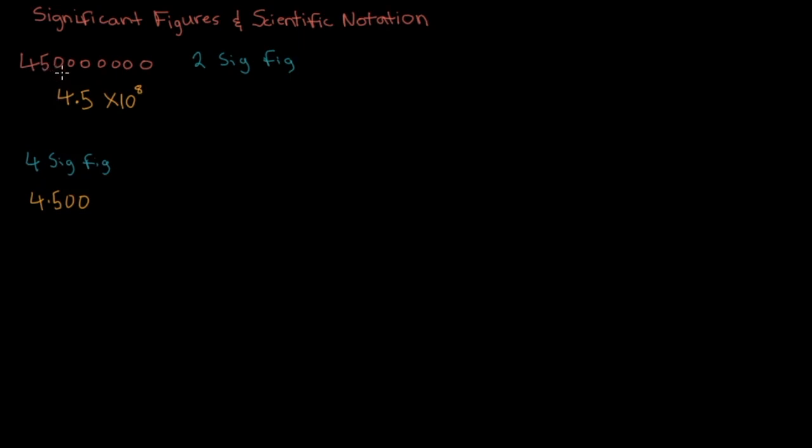So 1, 2, 3, 4, 5, 6, 7, 8. So 4.500 times 10 to the 8. If you wanted to write it with 3 significant figures, it would be 4.50 times 10 to the 8, and so on and so forth.